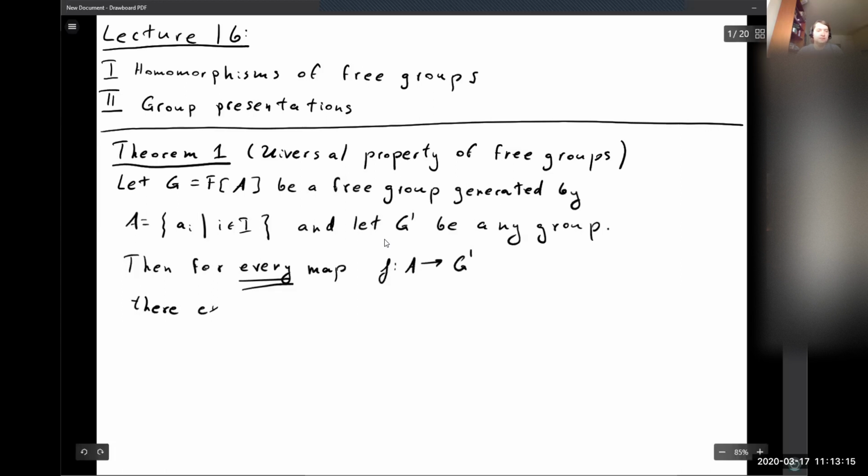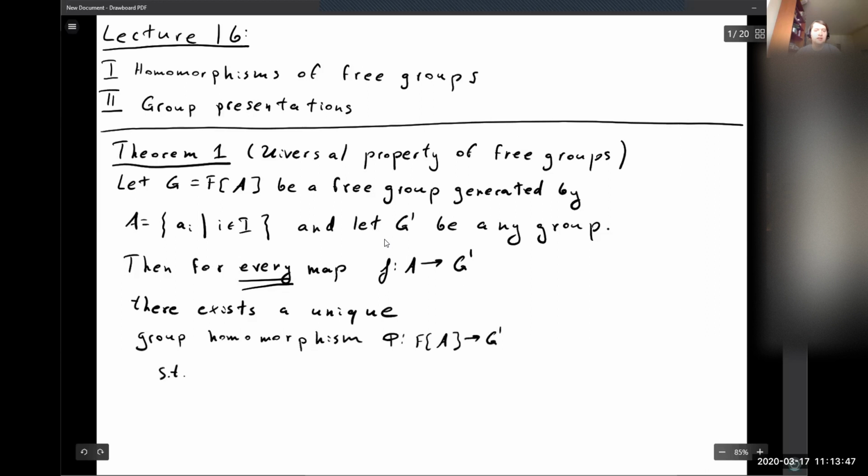There exists a unique group homomorphism phi from the free group generated by A to G prime, such that phi, when restricted to A, so A can be thought of as a subset of F(A), equals f.